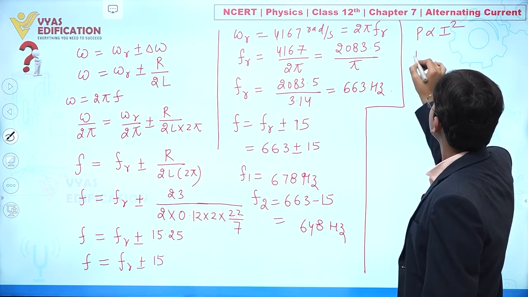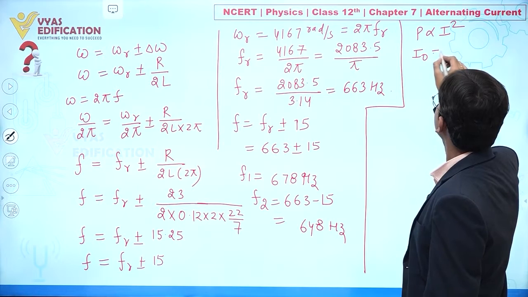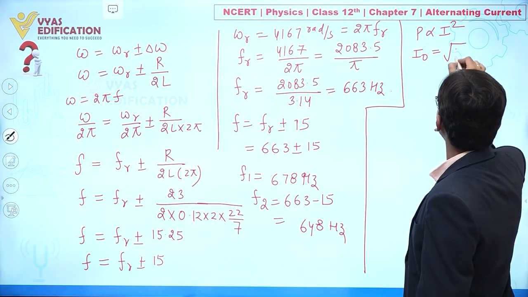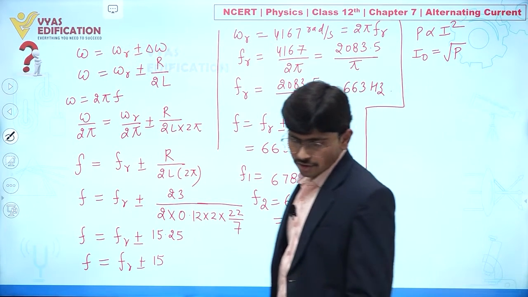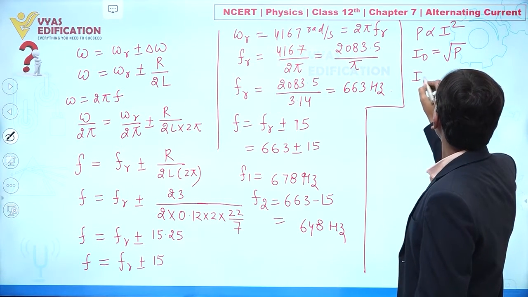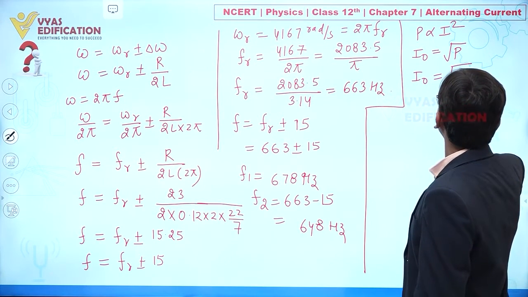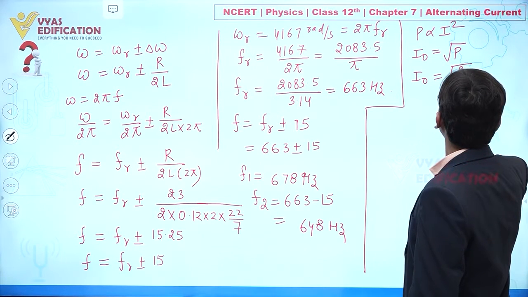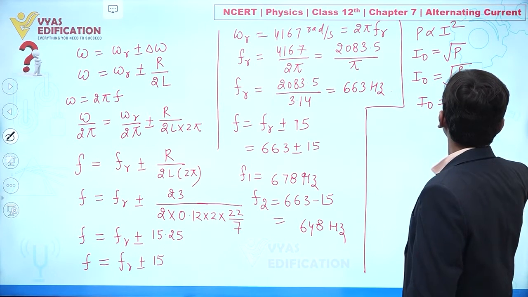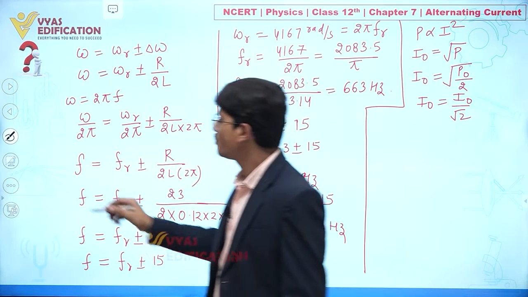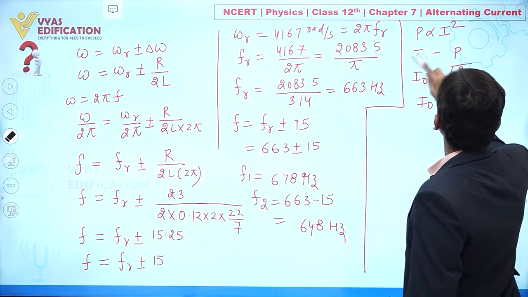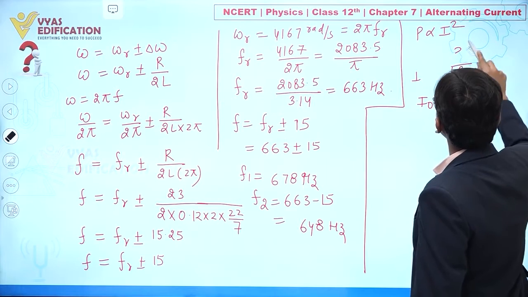It means whatever I_0 we are getting is equal to the square root of P. So from here I_0 is equal to the square root of P_0 by 2, so I_0 is given by I_0 by root 2. Again I am explaining what I wrote here. Actually we know P is directly proportional to I squared.